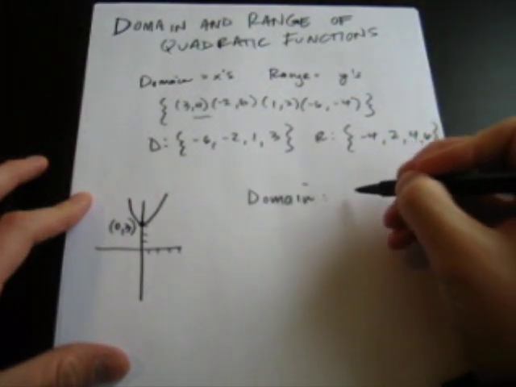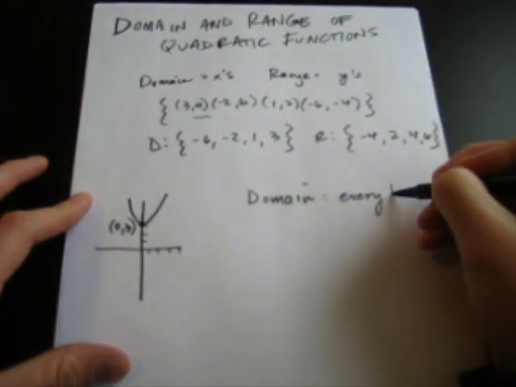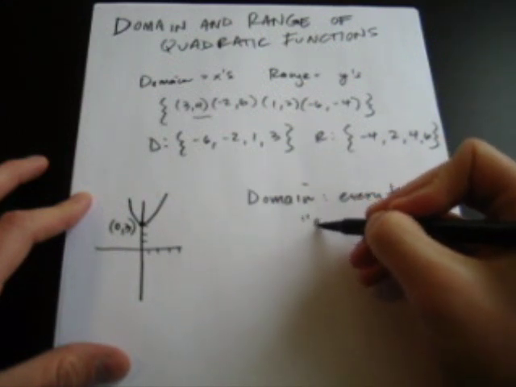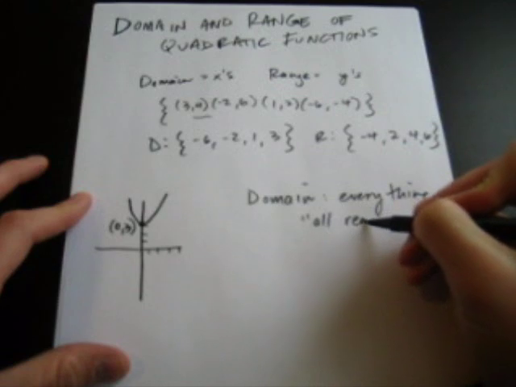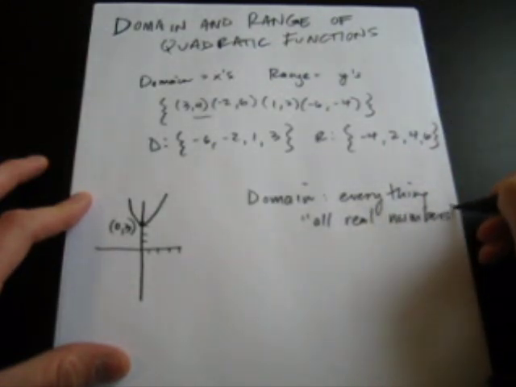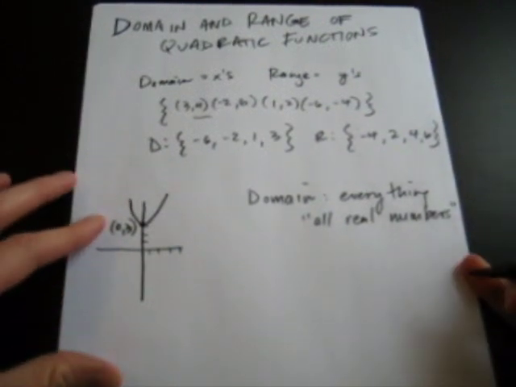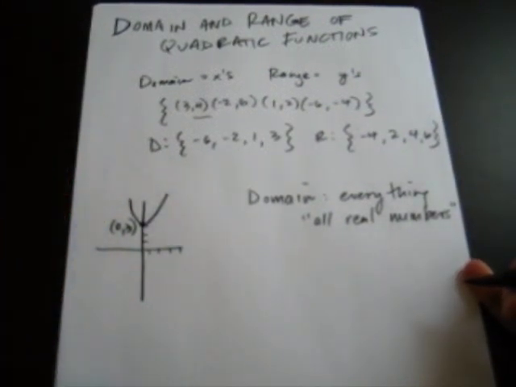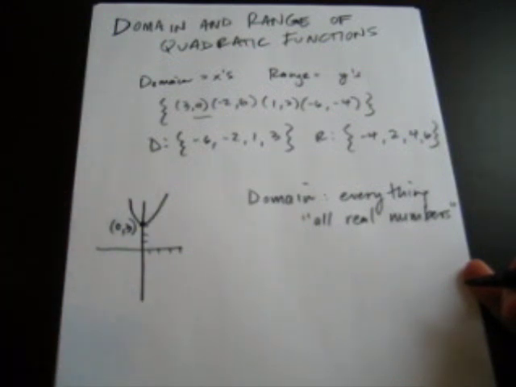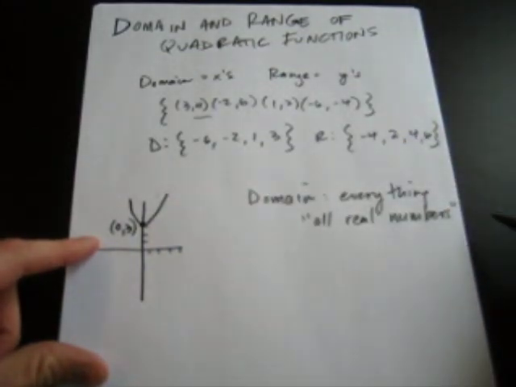So the x's are everything. We call that all real numbers. When we're thinking about sets, all real numbers is negatives, integers, decimals, fractions. I could choose anything along here.